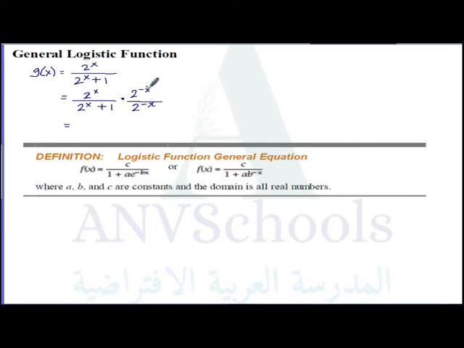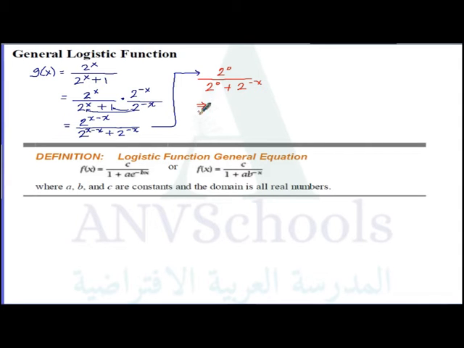So this one will have 2 to the x minus x, and then this will be 2 to the x minus x plus 2 raised to negative x. We're going to use the distributive property for this portion. So now this will give us 2 to the x minus x, which is 2 raised to 0, over 2 raised to 0 plus 2 to the negative x.